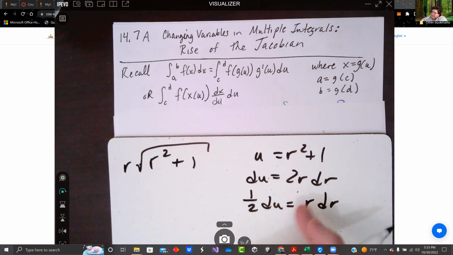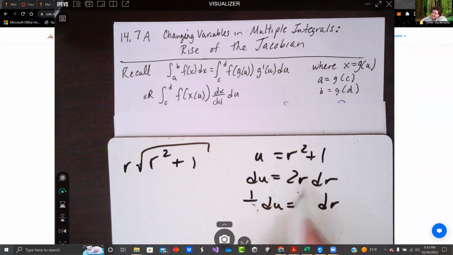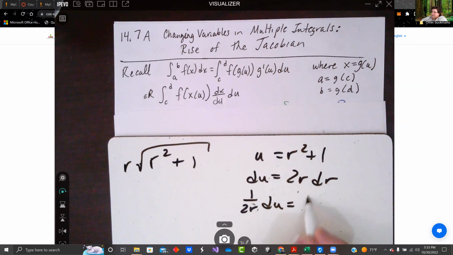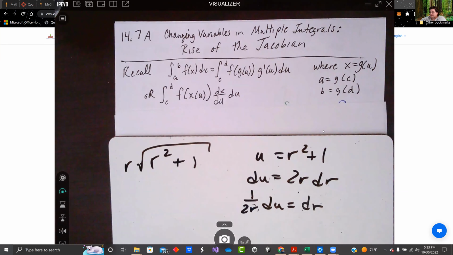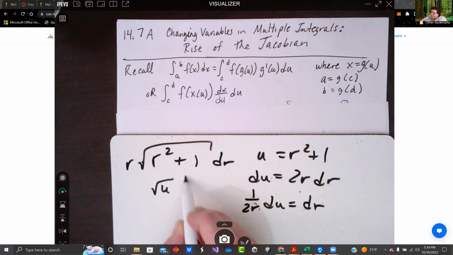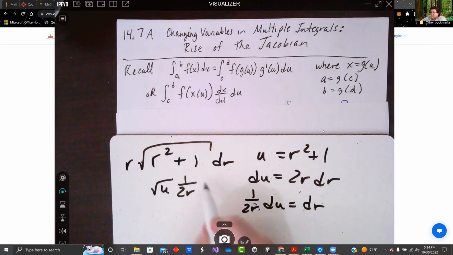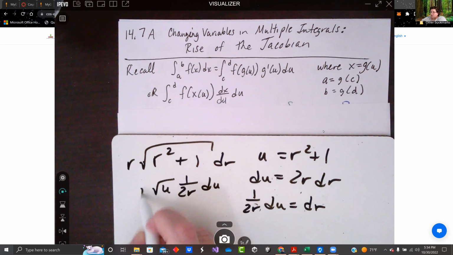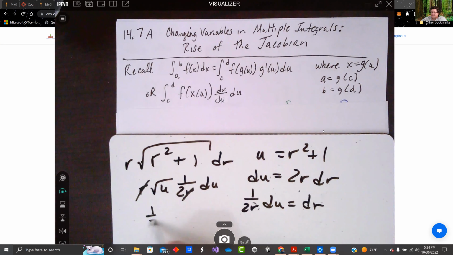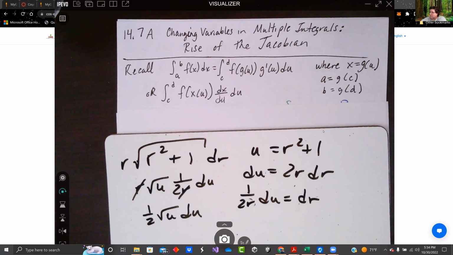Well, really, it's 1/(2r) du equals dr. And we're placing it back in, so we've got square root of u times 1/(2r) du. We still have the r in front. The r cancels, and we get 1/2 square root of u du. So that's how we did it before.